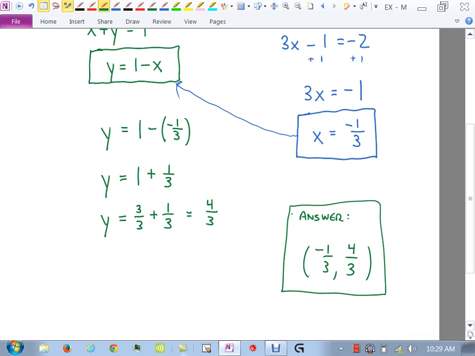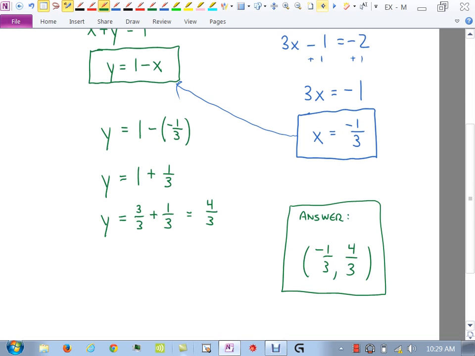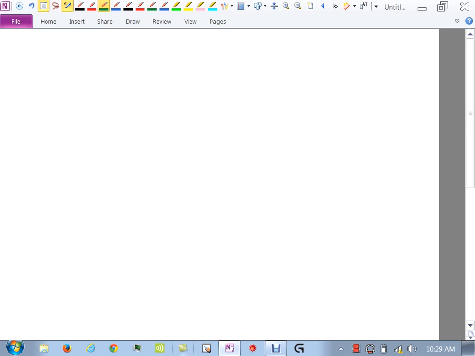I'm not going to work through this problem. I just want to put it up here and point something out, and then I promise we're going. Just take a look at this real quick, because it's going to be something on your homework. Actually, this is a homework problem. 3x plus 2y equals 4. 2x minus 3y equals -6.